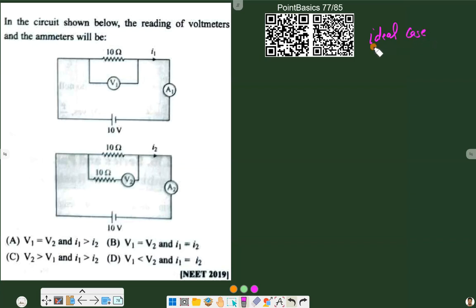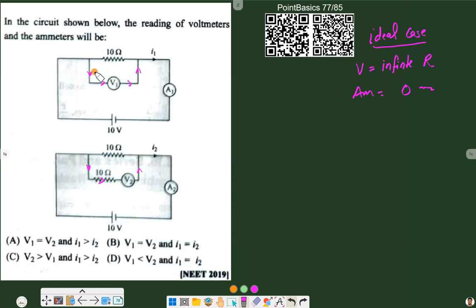Now in case of ideal, a voltmeter has infinite resistance, and an ammeter has zero resistance. So if the resistance of the voltmeter is infinite, there will be no current flowing through this path, and similarly the resistance of this voltmeter is also infinite, so there will be no current in this path.